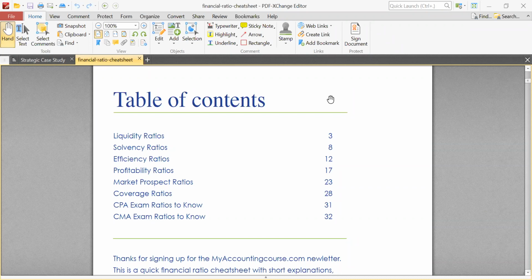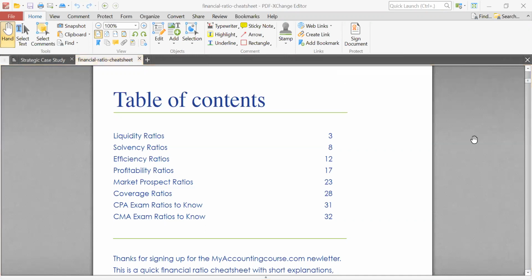So I'll be taking you through some of the ratios and look at how best we can analyze the numbers as they appear in our cases.